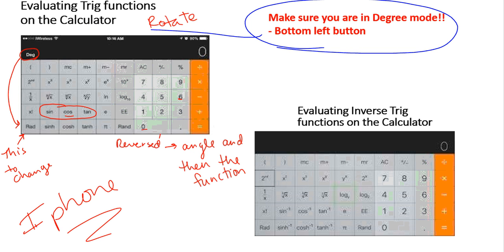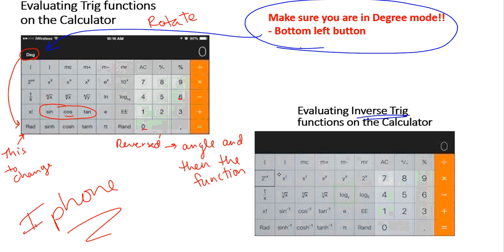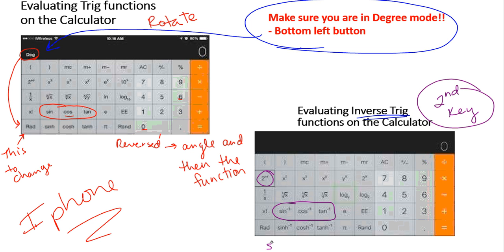That was this guy, right? Same with down here, evaluating inverse trig functions. To do inverse trig functions, you have to push this button or this key right here. It's the second. And then you'll see, again, my picture's fuzzy, but you'll see when you push second that these three change, and they've got this little -1 looking thing up in the power.